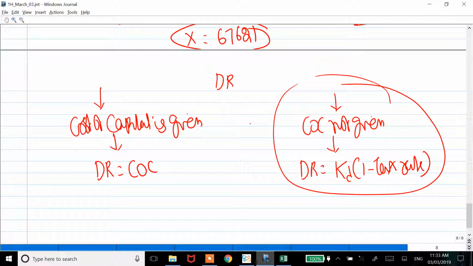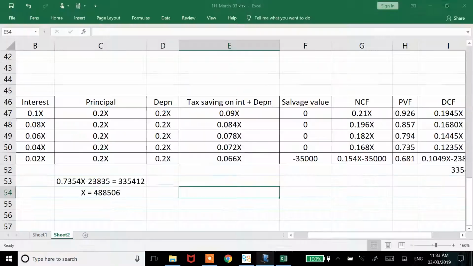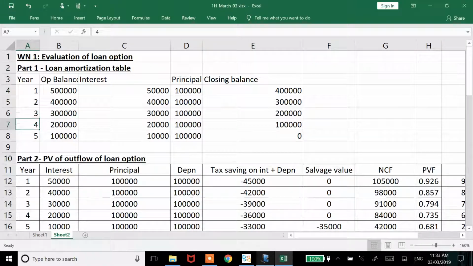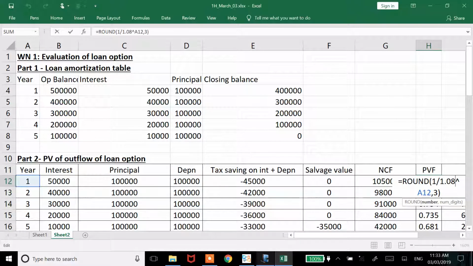Any doubts till now? Okay. Now, when I do it at after tax cost of debt, I'm going to explain a shortcut. We did all of this in the earlier question. Let's assume the discount rate is 7%. 7% would be equal to after tax cost of debt.